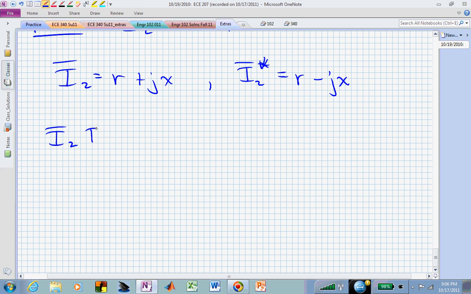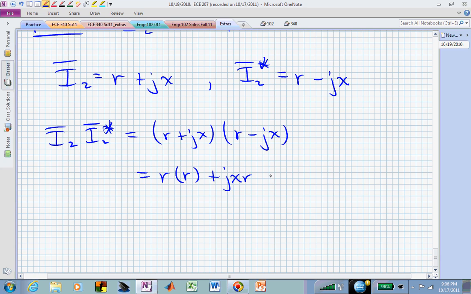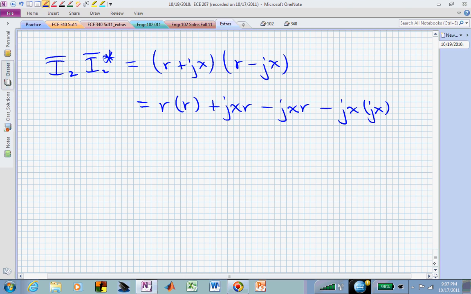We have I sub 2 times I sub 2 conjugate, which is R plus JX, times R minus JX. We now have R times R plus JXR minus JXR, and we now have a minus JX times JX.